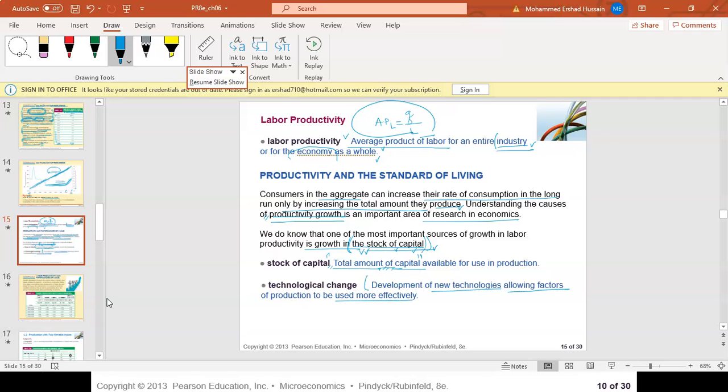The same labor can now produce more because of new technology and innovation, new methods of production. Science has paved the way in this case.